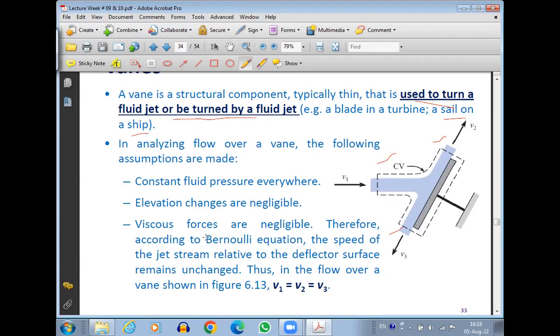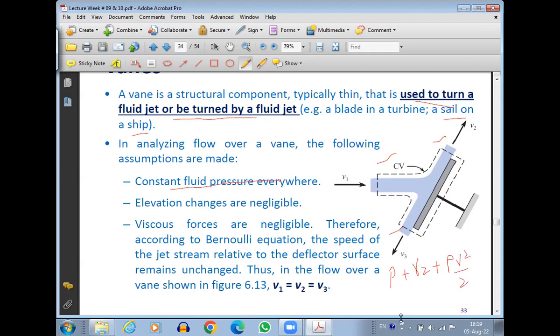Viscous forces are negligible. Therefore, according to Bernoulli's equation, the speed of the jet stream relative to the deflector surface remains unchanged. So what does Bernoulli's equation say? Bernoulli's equation says that if the pressures are the same, because there is a constant fluid pressure, the equation is P plus gamma Z plus rho V squared upon 2.